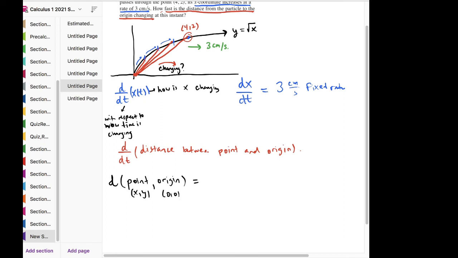The idea here is that if we want to find how fast the distance between the point and the origin is increasing, I probably need a formula for the distance to the origin.